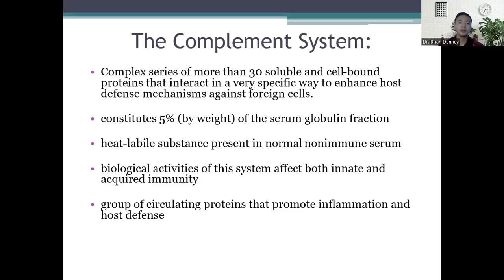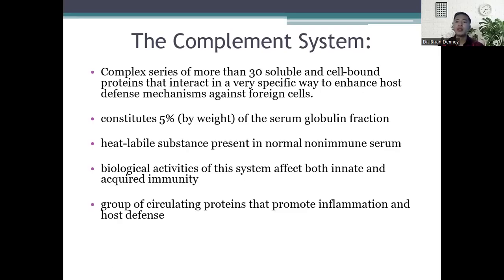Moving on to the next bullet here, it says biological activities of this system. The complement system affects both the innate and acquired immunity. Why both innate and acquired immunity? It's because there are actually three pathways of your complement system. I will discuss this in detail in the next few slides.